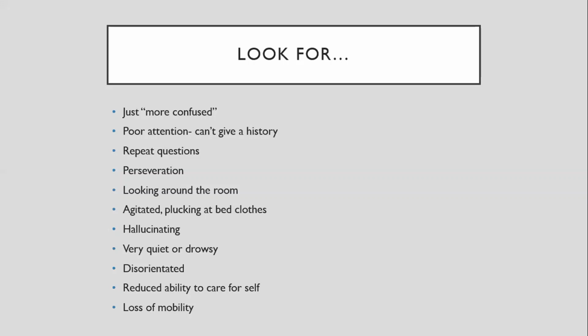On the opposite side, they might be very quiet or drowsy or withdrawn, and they are often very disorientated, and as I've mentioned, not able to care for themselves as they usually would. Relatives will say, oh, dad can normally get himself up and dressed in the morning and he's just not able to do that at the moment, and there is loss of mobility from whatever their baseline is.